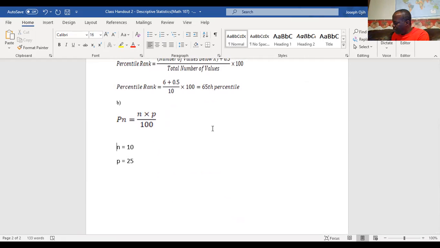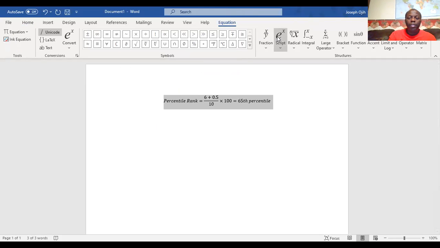P25 now becomes n times P over 100, which is 10 times 25 over 100. So, of course, we use 100 because, you know, a percentile is a percentage. So I have it here. Take you to the other workbook. So that our P25 percentile, they give us P25.